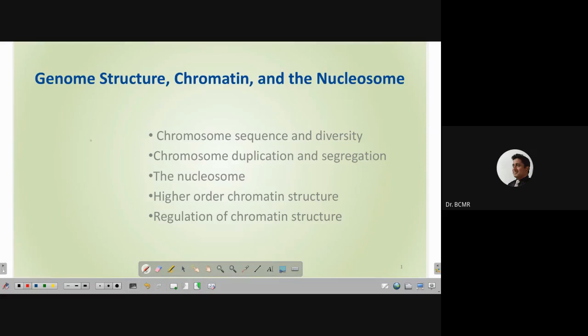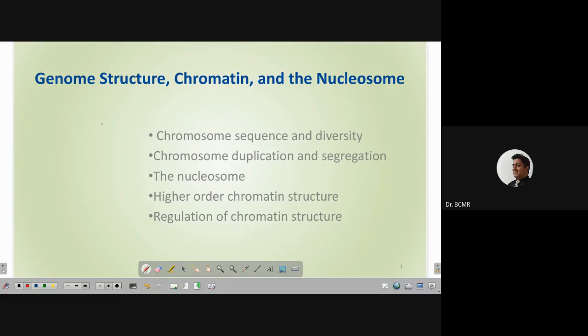I understand our syllabus starts with Mendel's laws, but once we get to know the nature, replication, and then the important one, the genome structure, hopefully we will be able to gain a better understanding of Mendel's laws and so on.